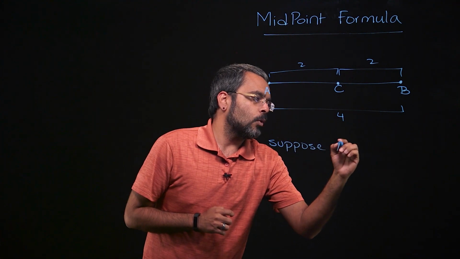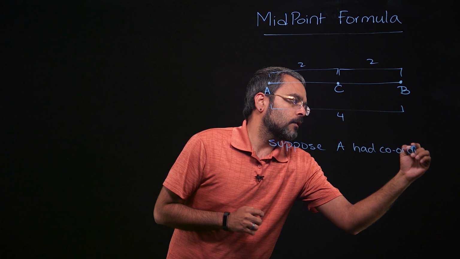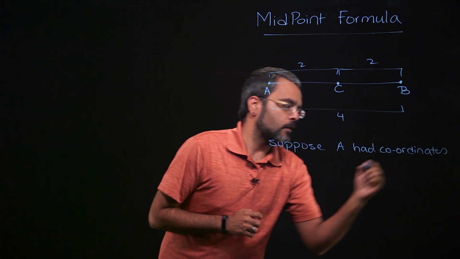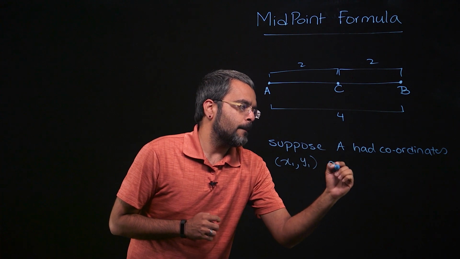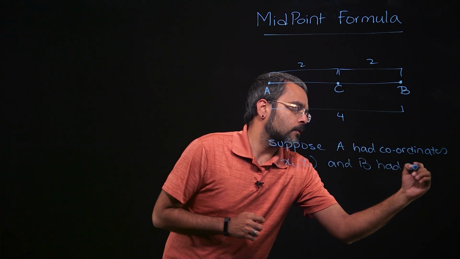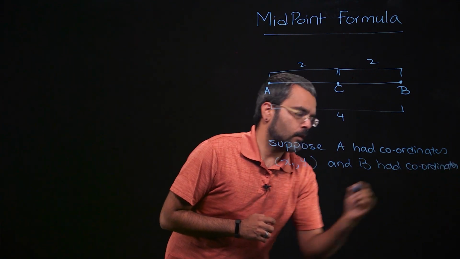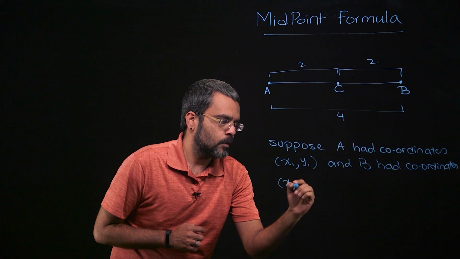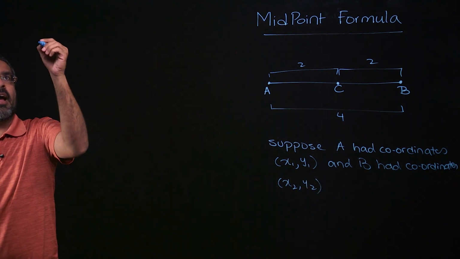Let's suppose A had coordinates x1 and y1, and B had coordinates x2 and y2.